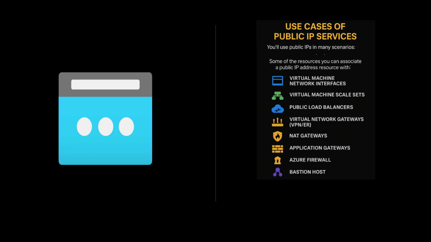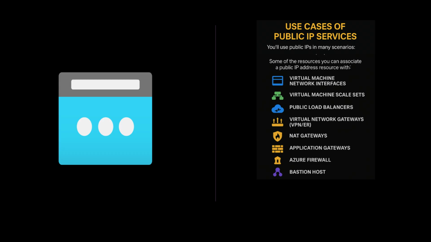And in advanced network architectures, you might assign a public IP to a route server to enable dynamic route exchange with your NVA or on-prem routers. Public IPs can be created as either IPv4 or IPv6, and you get to choose whether the assignment is static, staying the same, or dynamic, which can change over time. By understanding these associations, you ensure your Azure resources communicate with the outside world in a secure and well-architected manner.